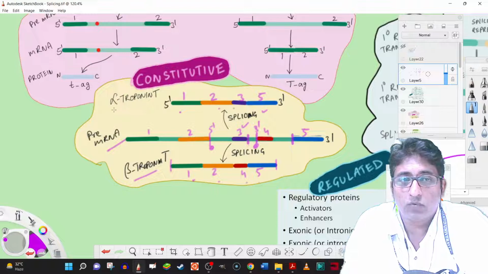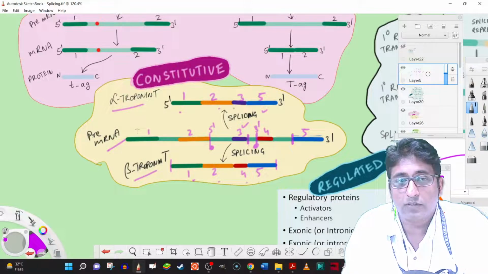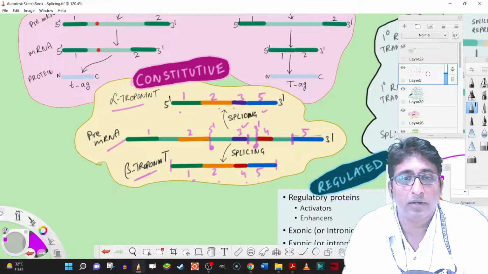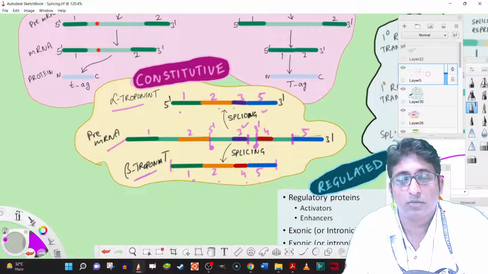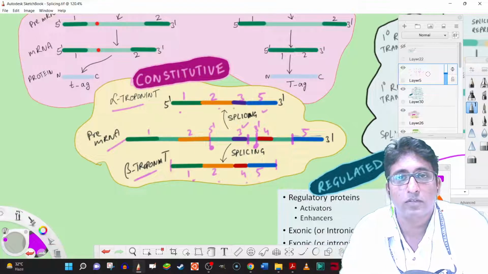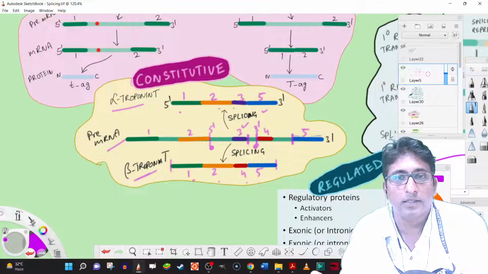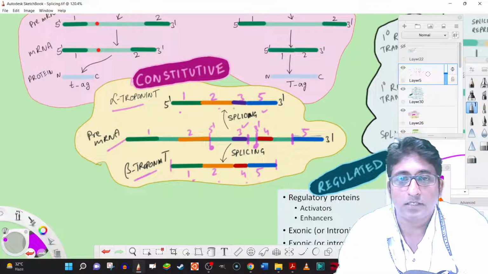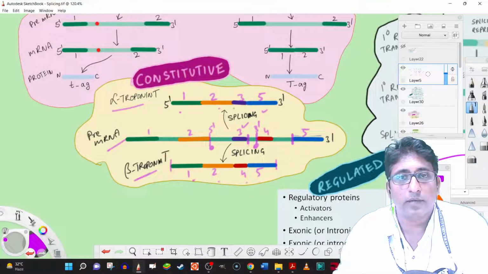The alpha troponin T and the beta troponin T are different in their amino acid sequences, because beta has the amino acids corresponding to exon 4, whereas alpha troponin has the amino acid sequence corresponding to that of exon 3.